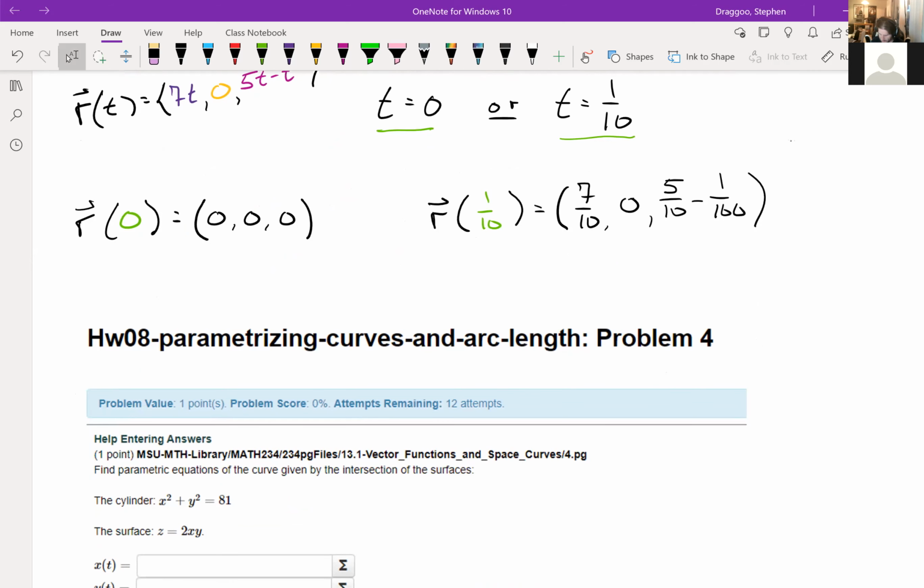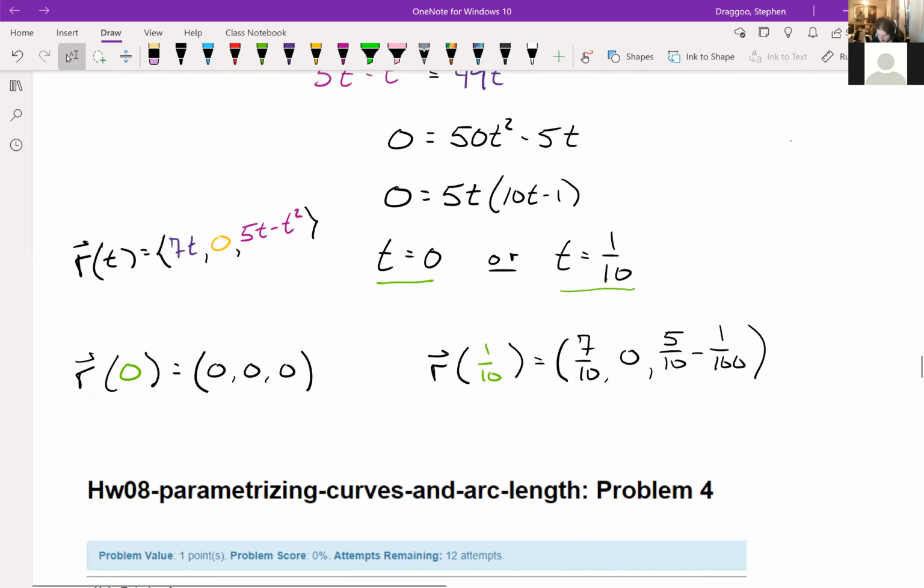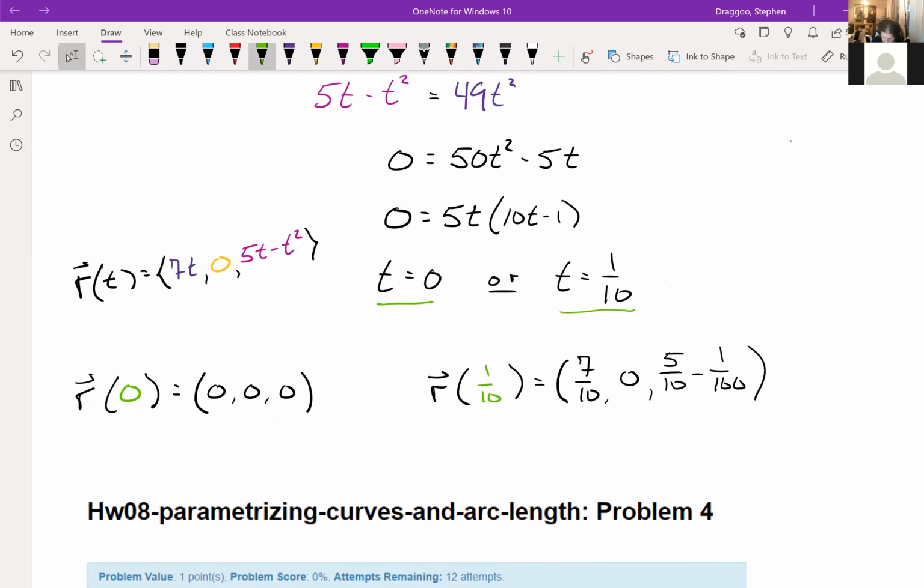How did you get 0 and 1/10? Good question. Those pieces come from 5t equals 0 and 10t minus 1 equals 0. If we recall some of our algebra skills, there's the zero product principle, which states that anytime I multiply two things together and get 0 as a result, one or both of those factors must be equal to 0.